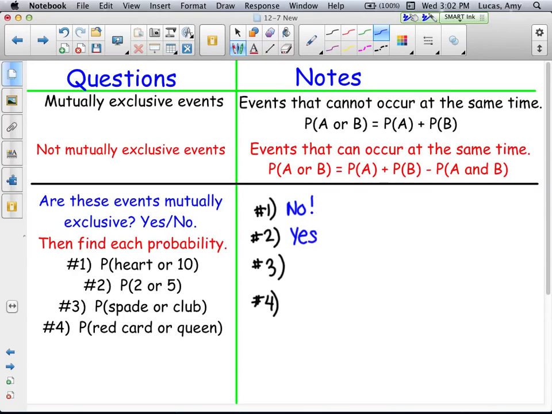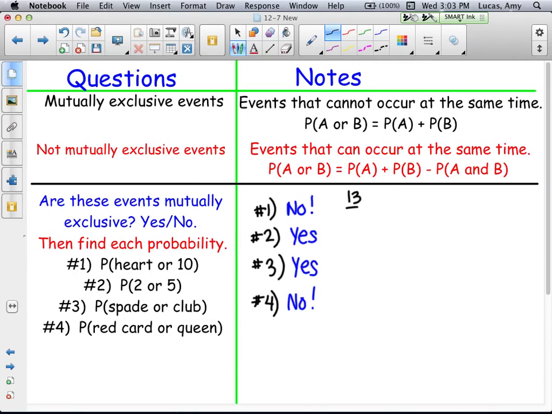Yes. 2s and 5s are all different cards. Spades or clubs? Yes, totally separate. So they're mutually exclusive. Red cards and queens? No, because there are 2 red cards that are also queens. So, hearts or 10s? They're not mutually exclusive.